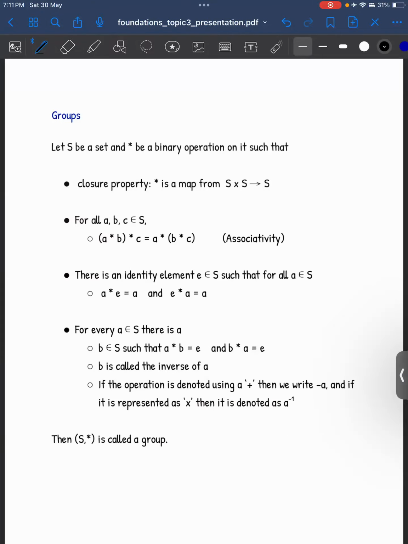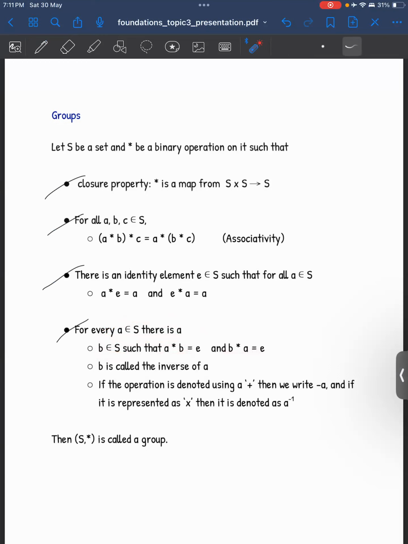Formally, a group is a set S with a binary operation satisfying the following four properties. The first three are the ones that determine a monoid. In particular, a group is a monoid under the same operation with an additional property: for every A in S, there is a B in S such that A star B or B star A, so either way.